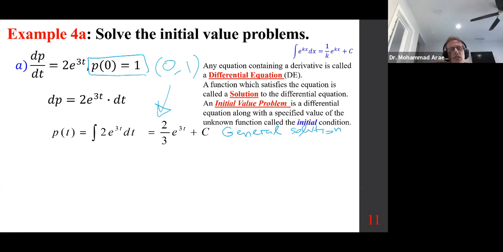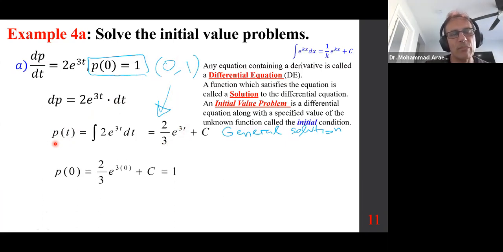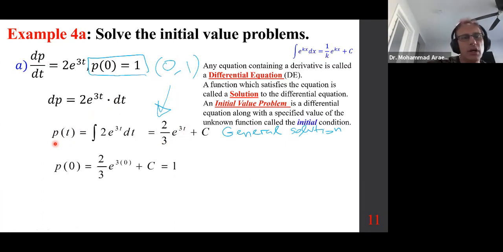Now, replace the t with 0, replace the y, in this case, p of t with 1. Okay, so p of 0 is this, and it's equal to 1. As you know, e to the power of 0 is 1, so you're dealing with 2/3 times 1, which is 2/3, plus c equals 1, and c must be 1/3.